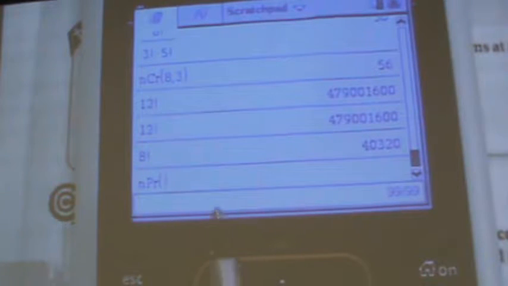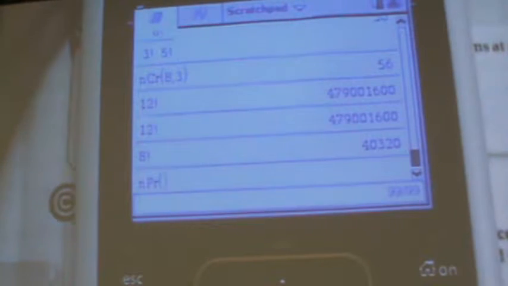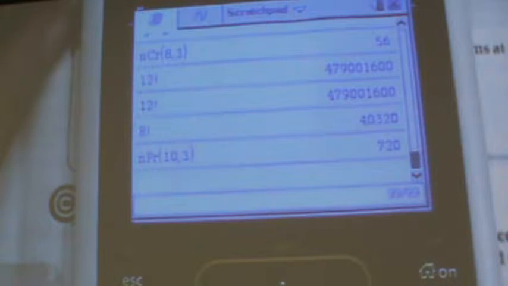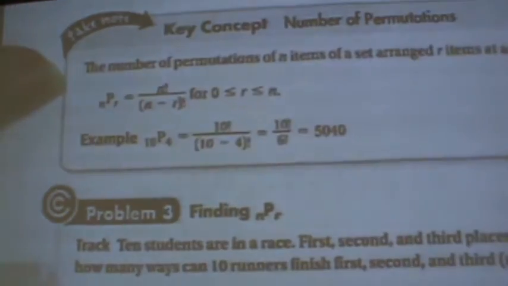What I need you to put in the parentheses is the total number of runners, 10. Then put a comma, and you're taking 3 at a time. So it's 10 comma 3, and there's your answer. So I want you to try the next one. Got it?